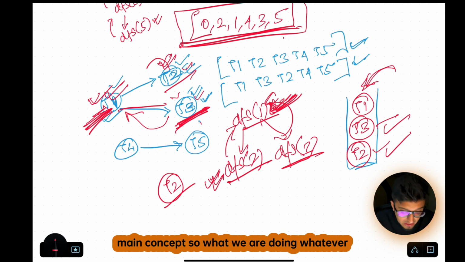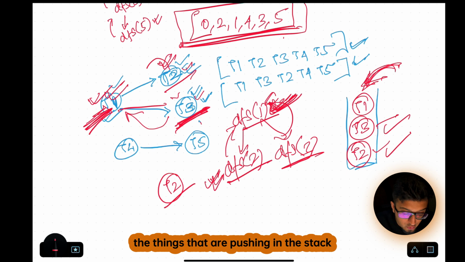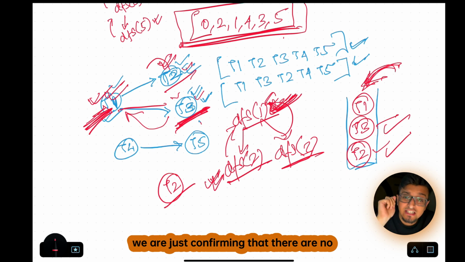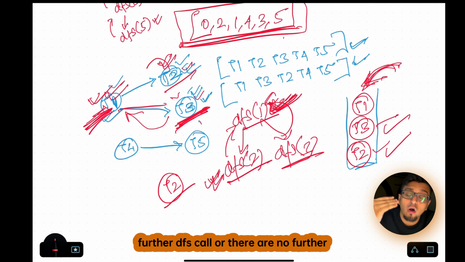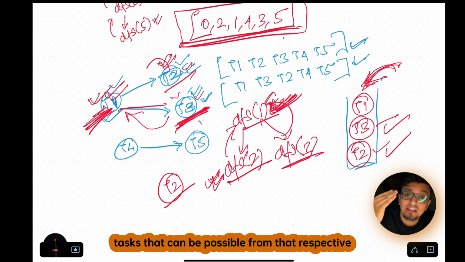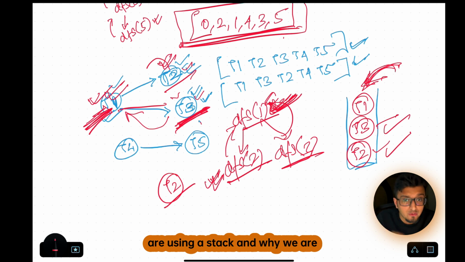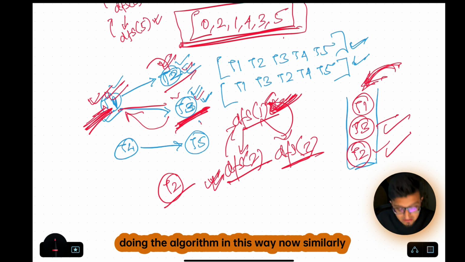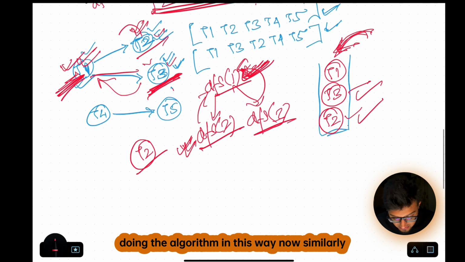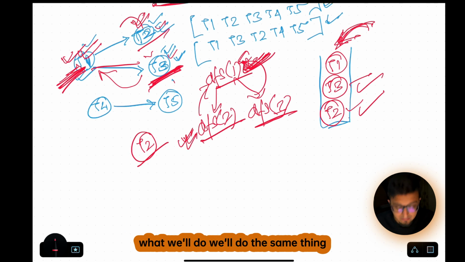Whatever we push in the stack, we are confirming that there are no further DFS calls or no further tasks possible from that respective task. That is the main intuition why we are using a stack and doing the algorithm in this way. Similarly, we do the same thing for T4.